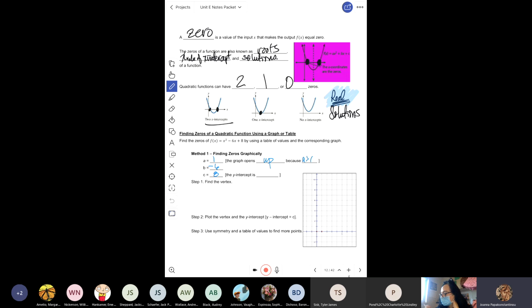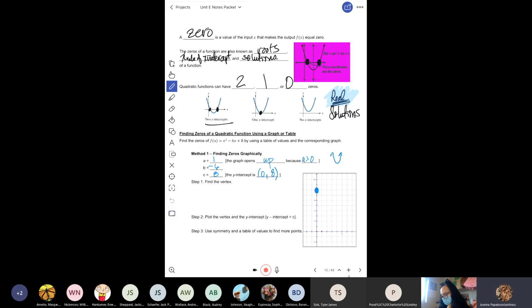Now, C is also the y value of the y-intercept. So if I substitute in 0 for x, the C value is the y value of the y-intercept. I have some very important pieces I can start graphing. I know that it is going to open up, so I'm going to keep that in the back of my head. I also know that my y-intercept is 0, 8.